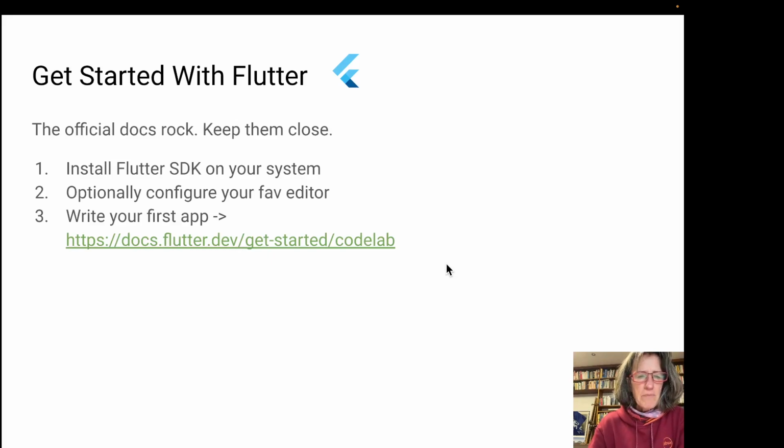The second step is not mandatory, but it is extremely recommended. You should figure out which editor you want to use and download a plugin that supports Flutter. Most people use either Android Studio or VS Code, and which one you prefer is totally up to you. But both of them have Flutter plugins that really help you.